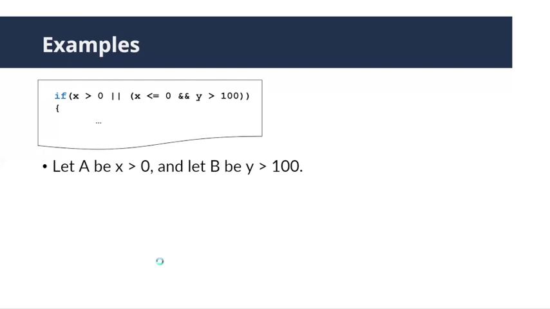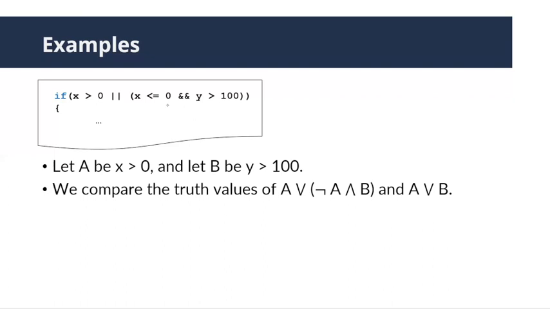Some of you may ask, why don't we use another letter to represent x less than or equal to 0? The reason is that the middle inequality can be represented using one of the letters we have. That's basically not A, right? So now I directly give you the simplified form, A or B.